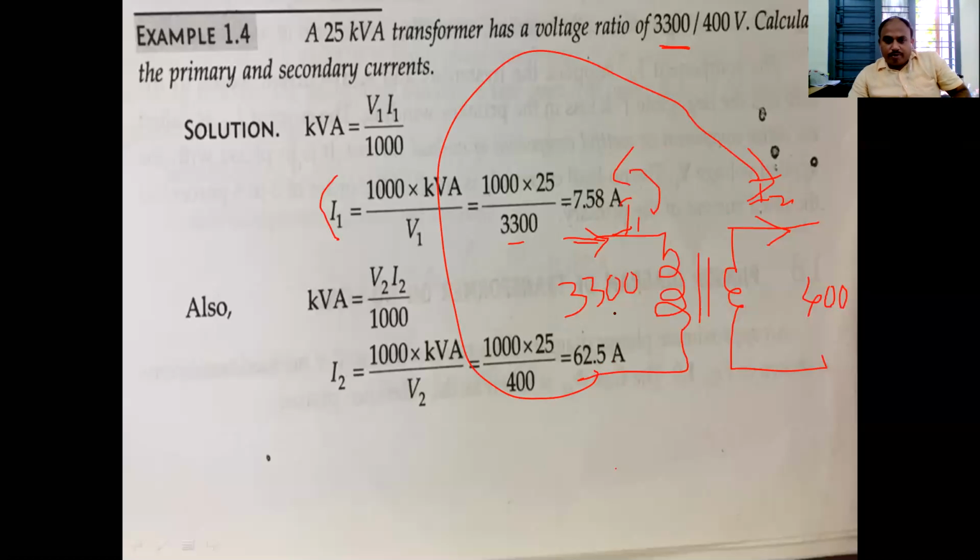See, the voltage on the primary side is 3300 volts, so the current is very small, 7.5 amperes. The secondary voltage is 400 volts, and the current value is very high, 62.5. In this manner, voltage to current and current to voltage transformation occurs in the transformer. Voltage value decreases, current value increases. Voltage value increases, current value decreases.